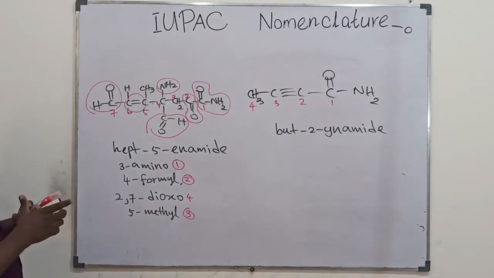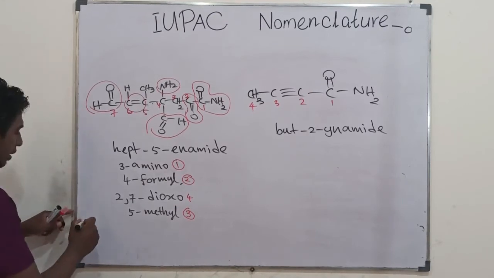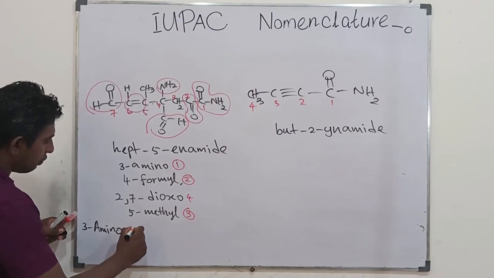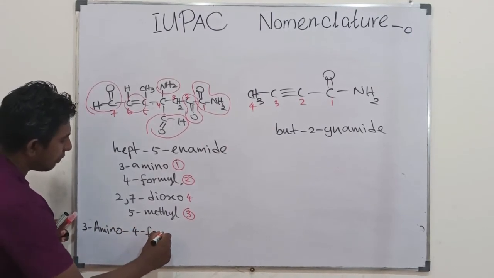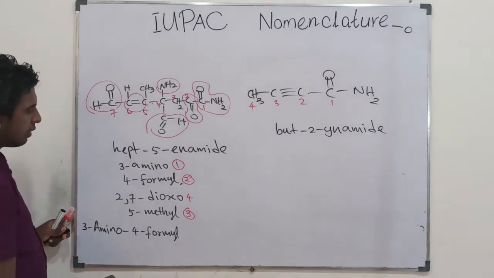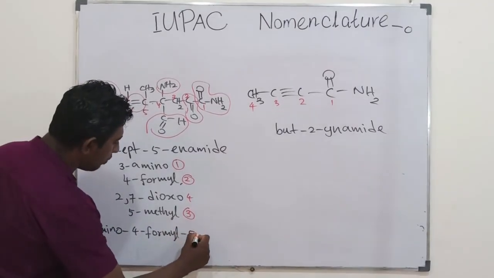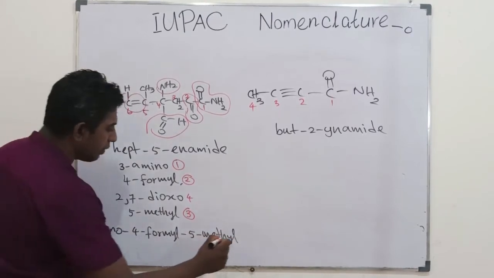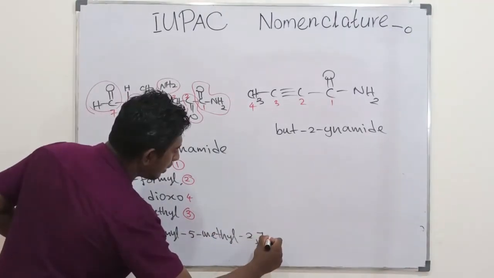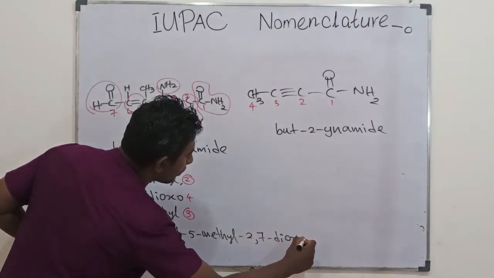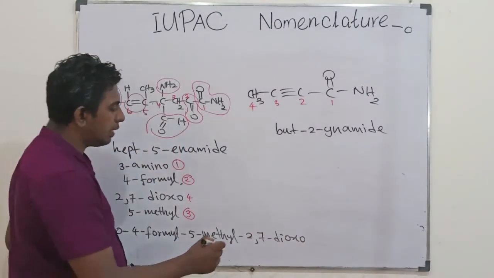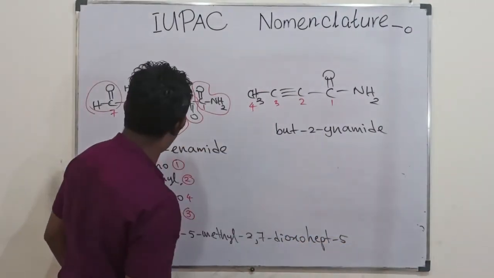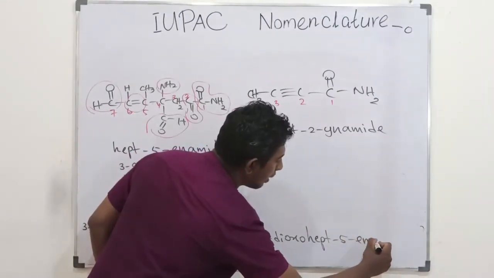So students, then its name is 3-amino-4-formyl-5-methyl-2,7-dioxo-hept-5-enamide.